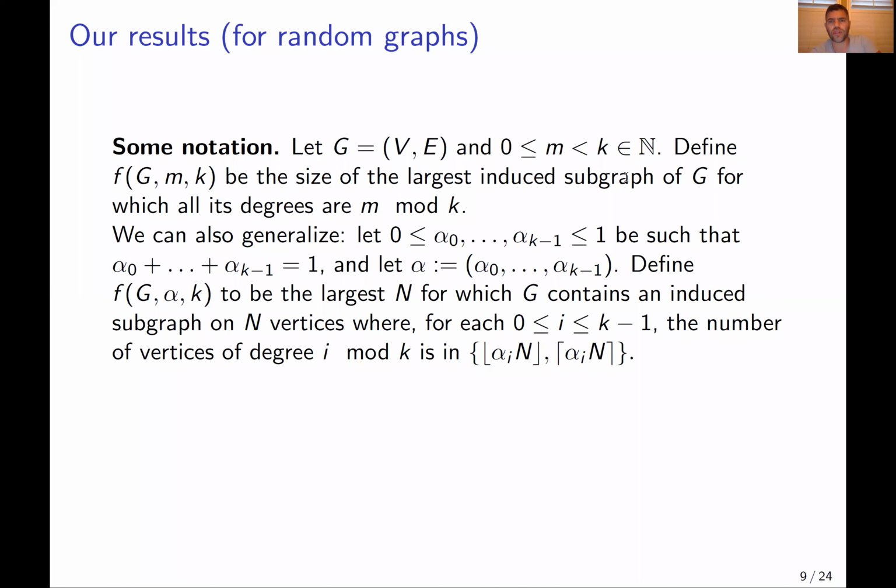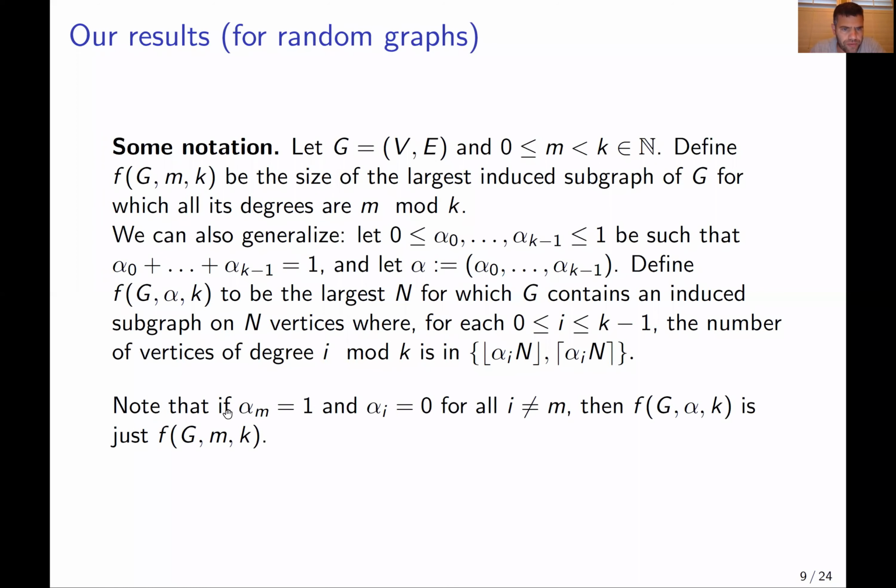Give me any distribution of the residues, alpha_0 up to alpha_{k-1}, such that they sum to 1, and consider this distribution vector alpha, and we can define f(G, alpha, k) to be the largest N for which G contains an induced subgraph on N vertices, where for each i, the number of vertices of degree i mod k is exactly alpha_i times N. Okay, if it's not an integer, you can decide in advance if you want it to be rounded up or down, you just want all the numbers to sum up to this capital N. So this is the more general one.